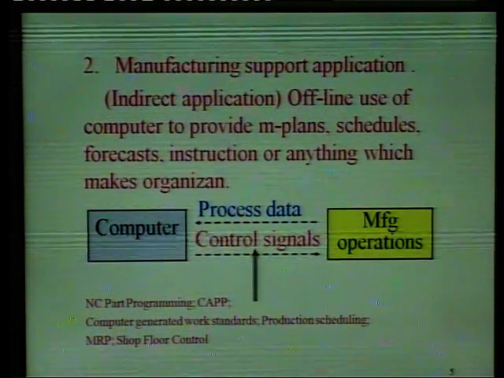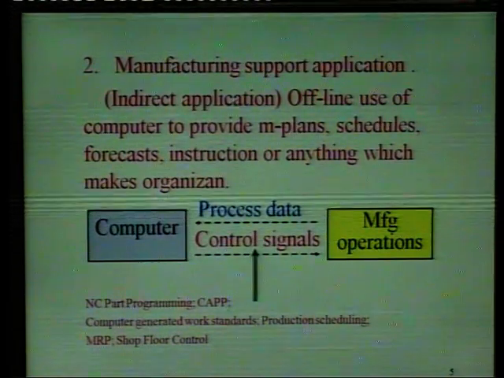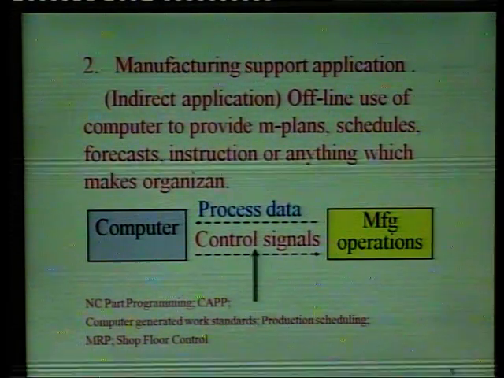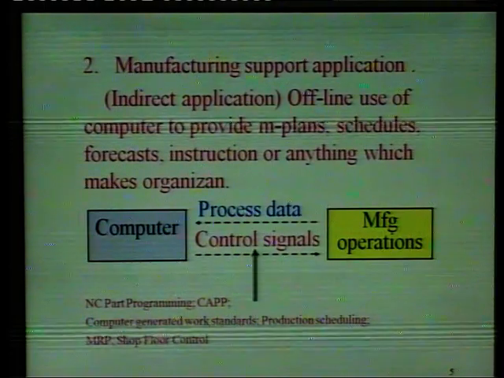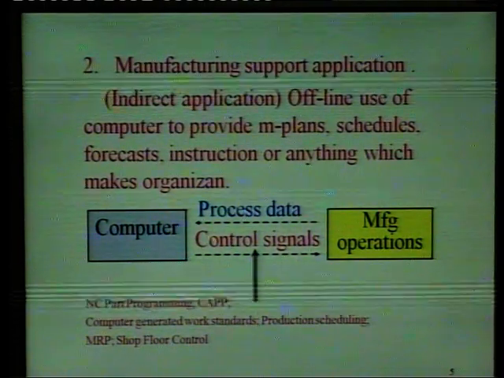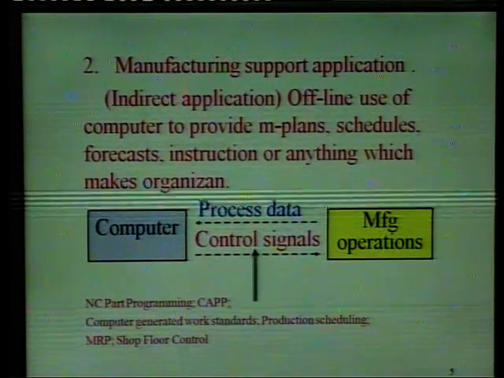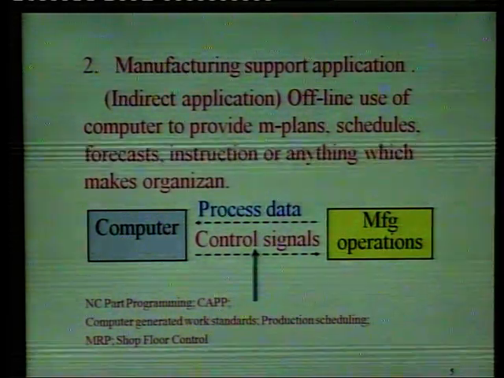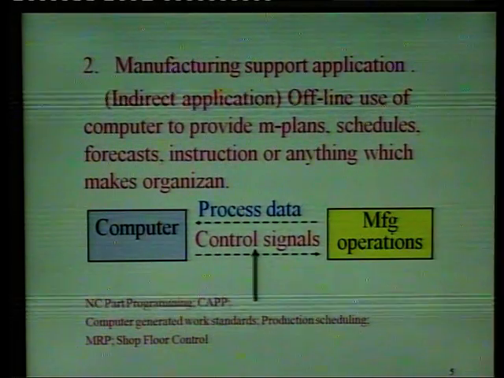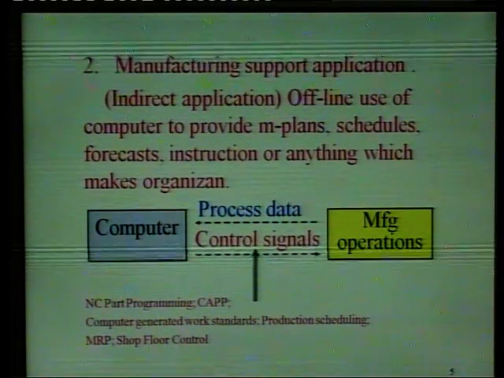For example, making of the manufacturing plans, drawing of the manufacturing schedules, forecasting of the production quantities, instructions to the people on the shop floor, or anything which makes the organization more efficient.